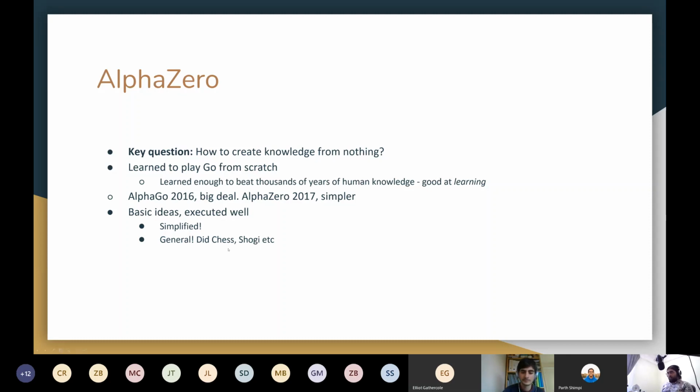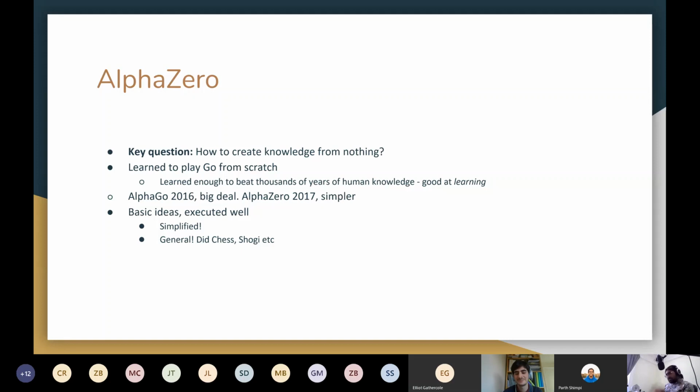The same algorithm worked for becoming awesome at chess and shogi and Othello, and they basically came up with an algorithm that just works for solving adversarial, perfect information two-player games and generating this knowledge from scratch. And this is just really, really impressive. And I'm going to keep saying that because it's awesome.